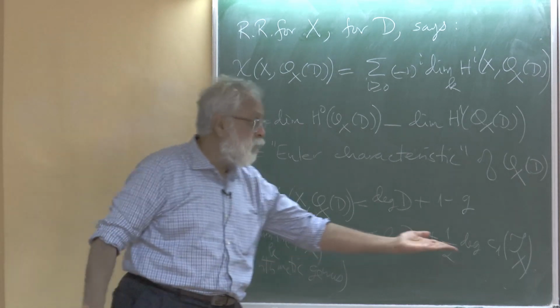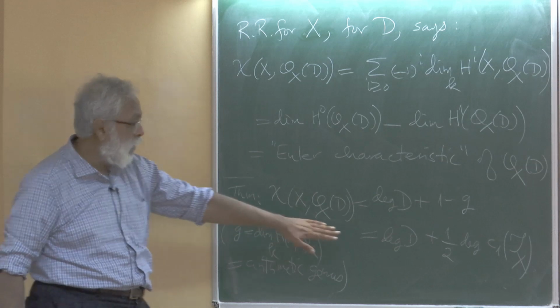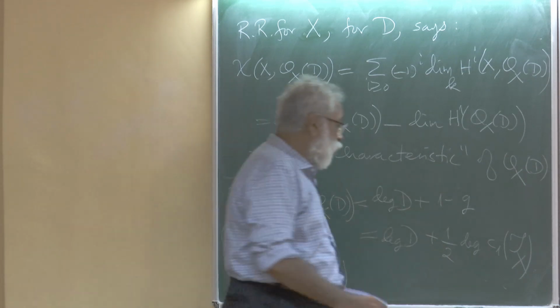This is really the formulation which is better when we want to think of the general Riemann-Roch theorem. I want to think of the same thing like this. So what is this?